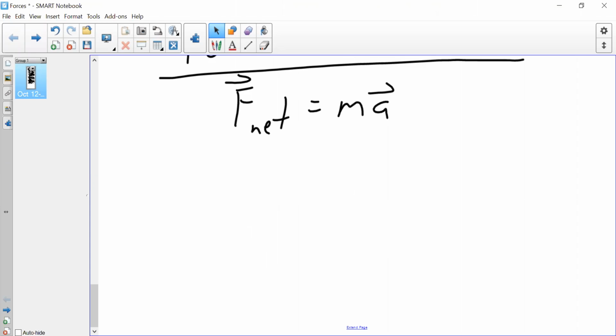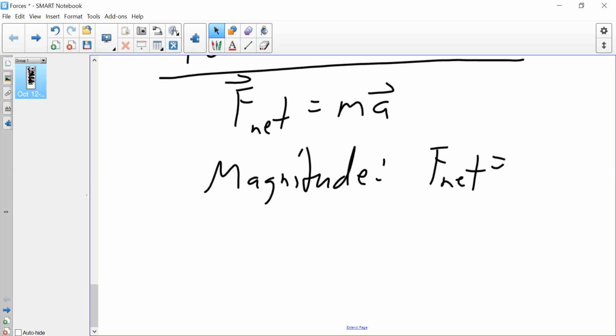So if you want to find the magnitude of a force, same Pythagorean sum, it's going to be made up of all the forces in the x direction, all the forces in the y direction, and we shall do the sum of the squares and square root of that to get the magnitude of the force.